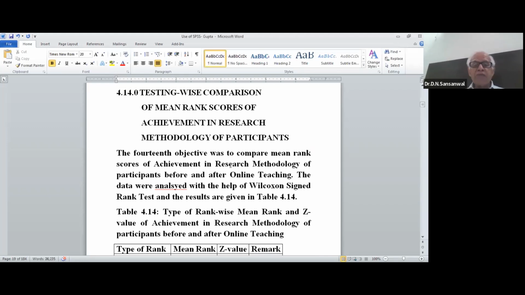Please understand, this heading emerges from the objective title, and this table heading emerges from the output of your result. So this is the difference.